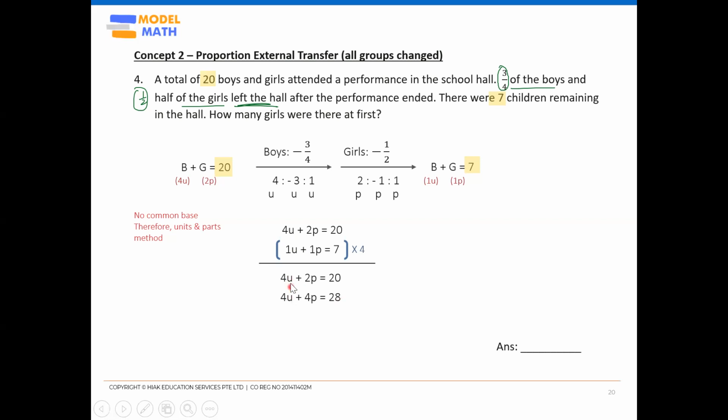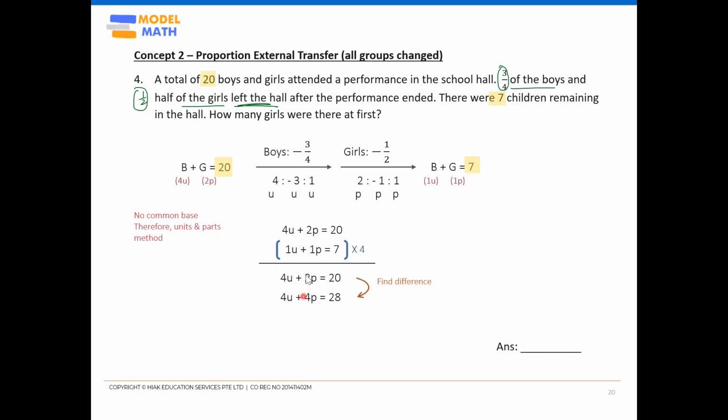Now notice that since I've made units the same, I can go on to safely eliminate the units. Eliminate means to remove, to get rid of the units. To get rid of the 4u, you simply find the difference between these 2 equations. Why? Because finding the difference, 4u minus 4u, is how you get rid of the units, becomes 0 units.